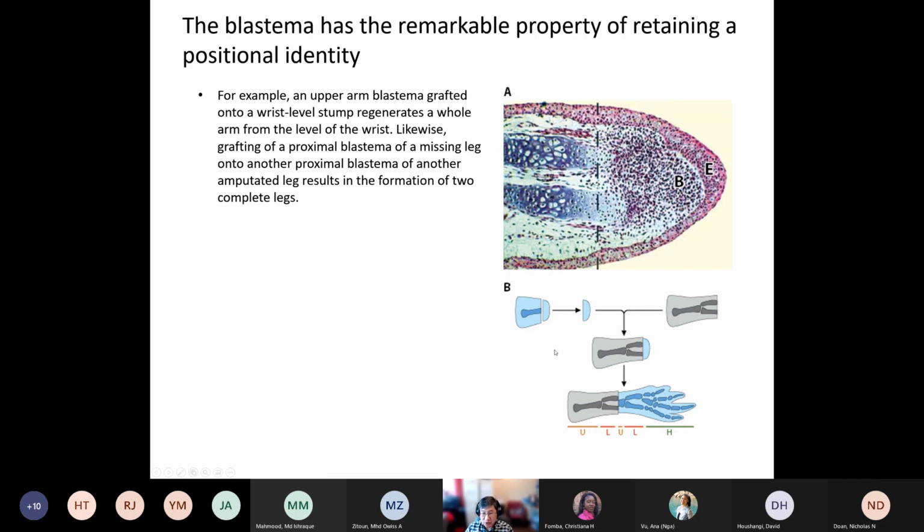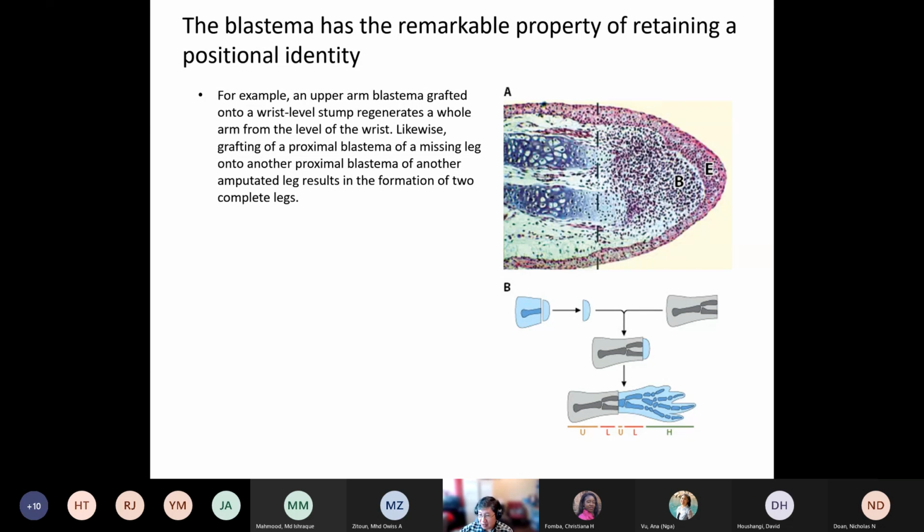Now, after they form this blastema, you remove one blastema and put it on top of another blastema. Amazingly, that animal is going to generate two full-length limbs. Again, showing you that the blastema itself has all the information as to what to become.